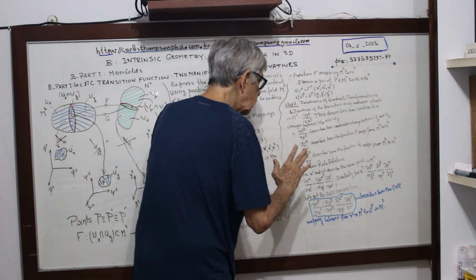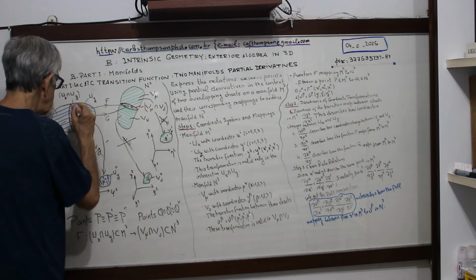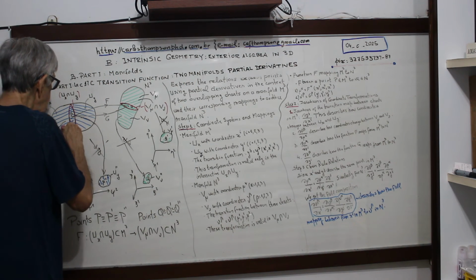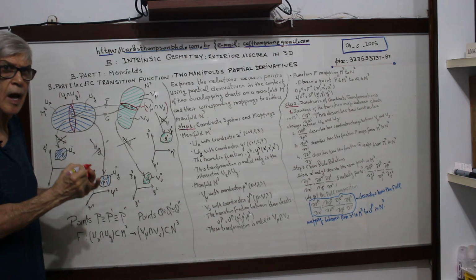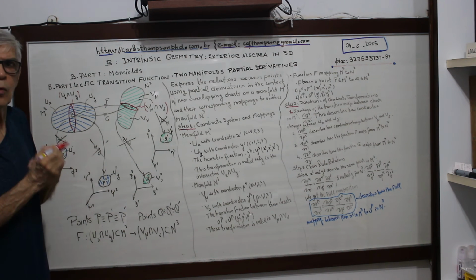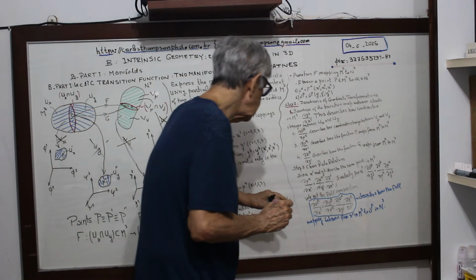When I have any point in this region, this point can be represented by xi or yj.